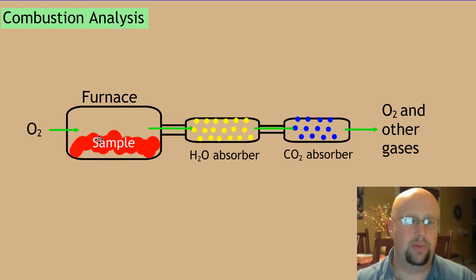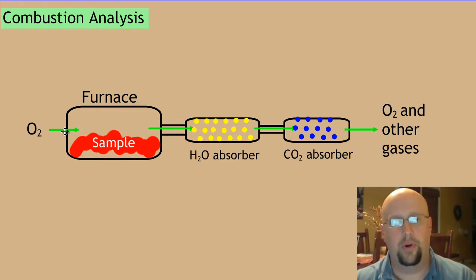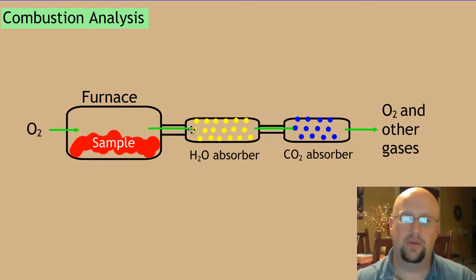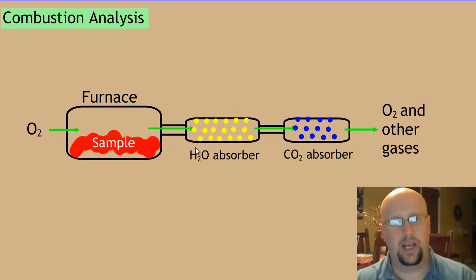So we put a sample in there, okay? We're going to burn it in the presence of oxygen, hopefully excess oxygen, because the calculations don't come out very well if it's not excess oxygen. And so then what would happen in the real world is that there would be a device here. Essentially, there would be one part of the device that would absorb all the water, and this would help us to know how much hydrogen was in the original sample.